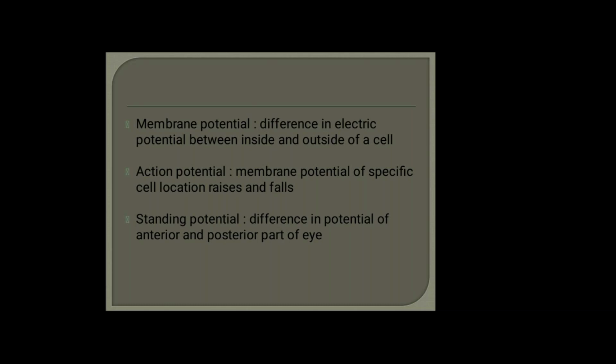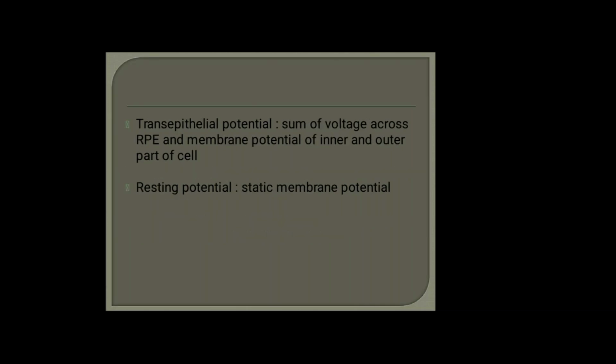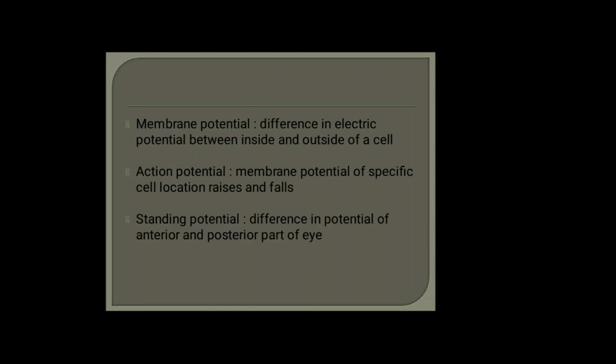In the usual state, while a person is resting in a dark room, that is a resting potential, a static membrane potential. So what is membrane potential then? It is the difference in the electric potential of the retina between the outer and inner surfaces of the retina. Then what is action potential? It is the membrane potential of a specific cell location that rises and falls.